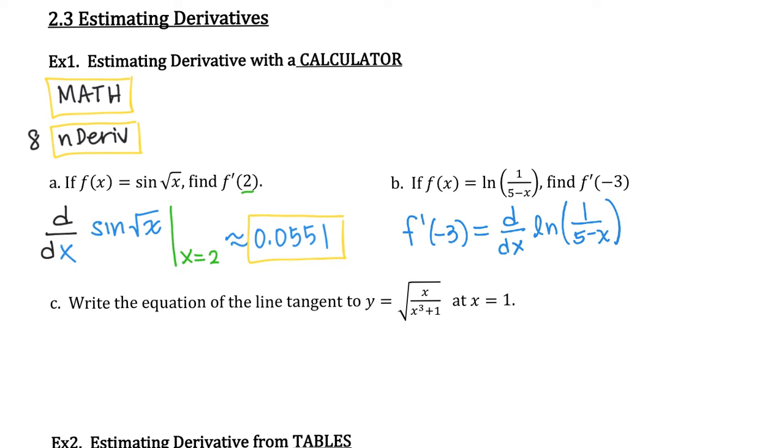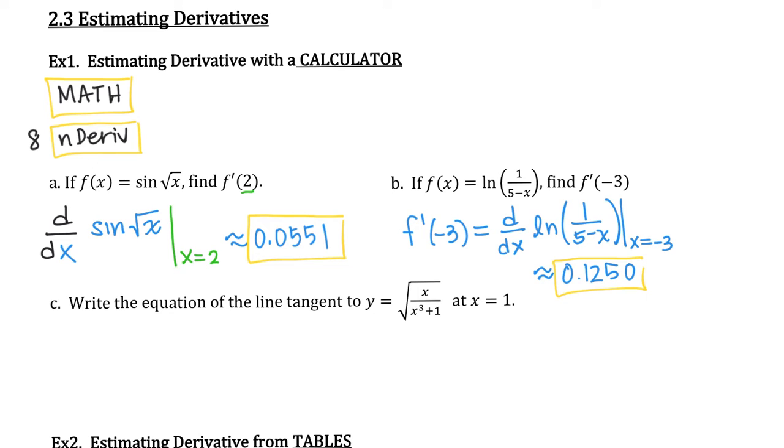And I want to evaluate that derivative at x equals -3. I just typed it in the calculator and I got around 0.1250, keeping 4 decimal places, and this is my approximation according to my calculator.